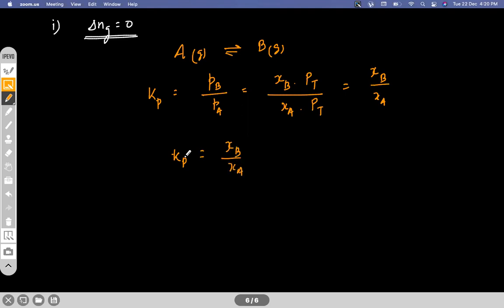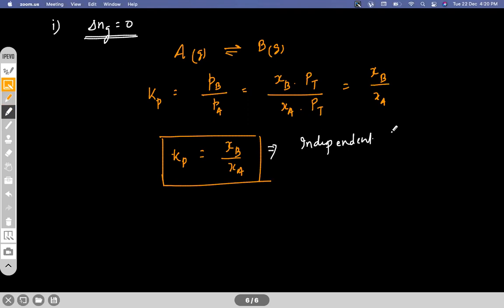You see, this equilibrium constant in terms of pressure, that is Kp, is independent of the total pressure, Pt, because Pt and Pt will get cancelled. That's why we say total pressure has no effect on the equilibrium constant and there is no change in equilibrium here.